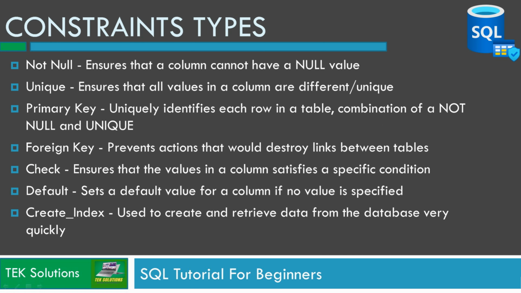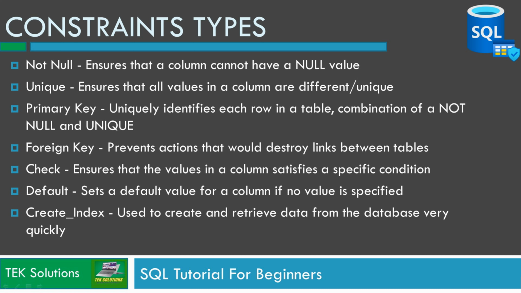Not null. This constraint ensures that a column cannot have a null value. Unique. This ensures that all values in a column are different and unique. Primary key. Uniquely identifies each row in the table. So it's a combination of not null and unique, both. Foreign key. This prevents actions that would destroy the links between tables.